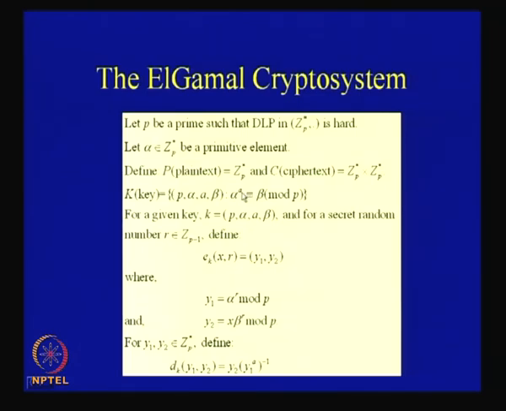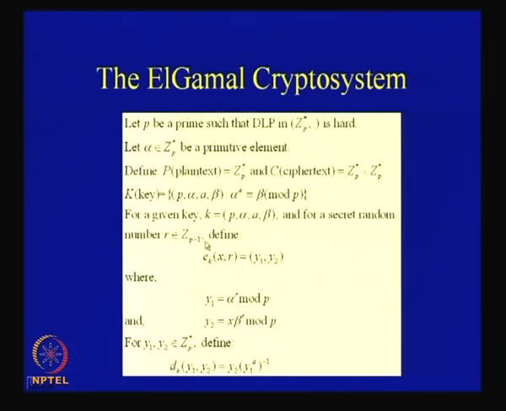Based upon this assumption, in this encryption scheme, if we want to encrypt x, where x is a plaintext value which belongs to Zp star, we choose a random number r which belongs to Zp minus 1.